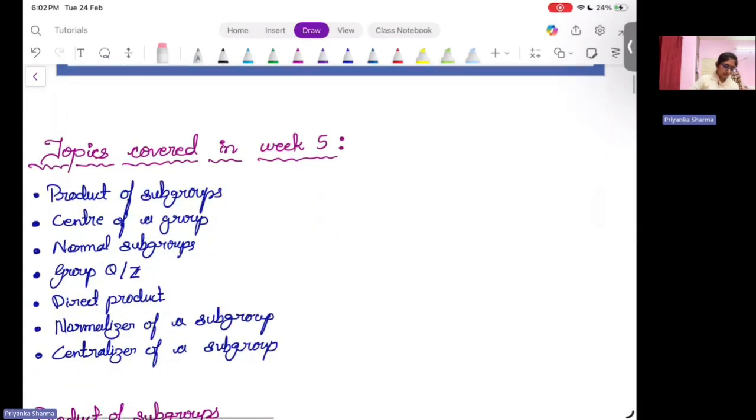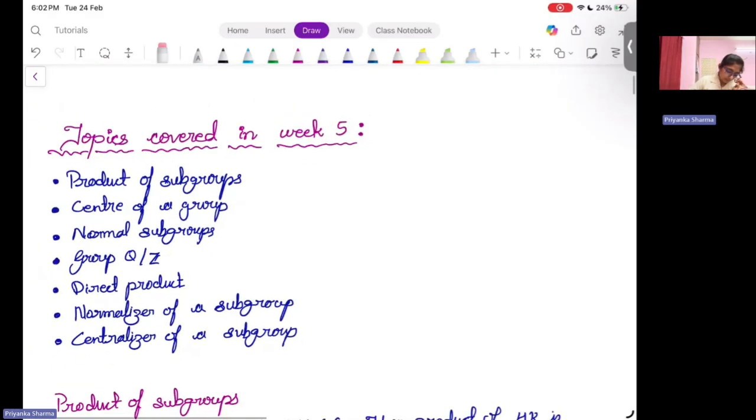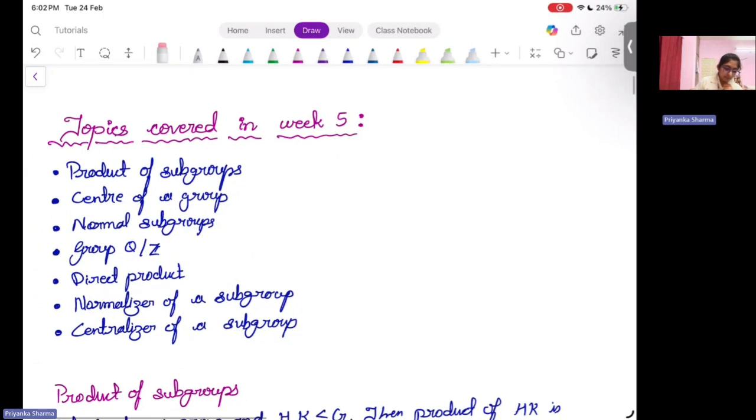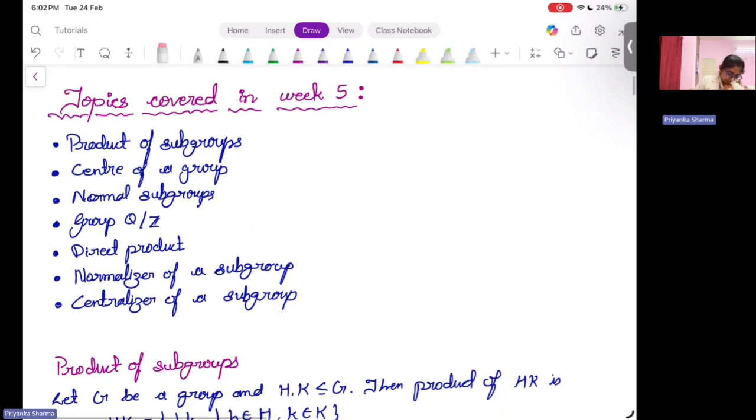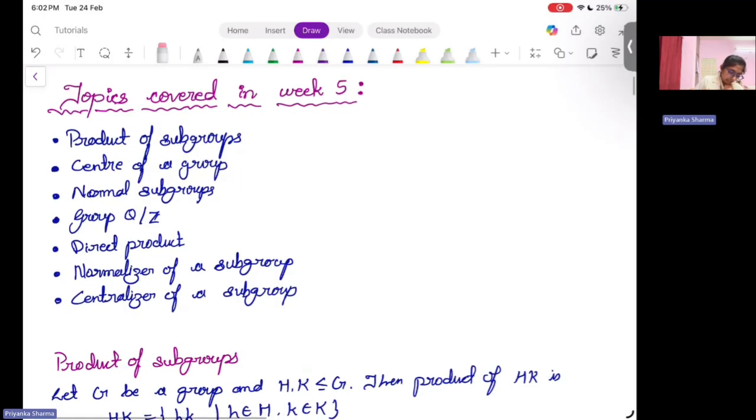Let's start the session. So these are the topics which were covered in lectures of week 5. First, we will shortly discuss what are the main definitions and results, and then we will come to the problems based on these topics.